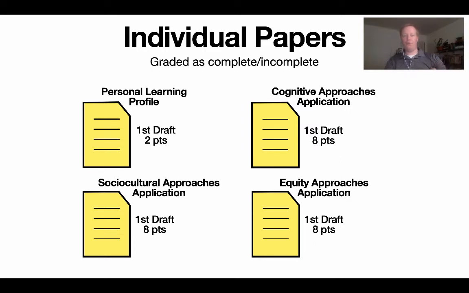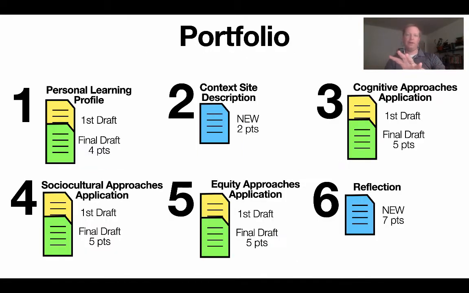This is important because when we get to the portfolio, there are 6 pieces in the final portfolio. You notice all 4 of those yellow papers are included in this portfolio. Then we have 4 new green ones, which are revisions of the yellow papers. And then there are 2 blue ones, which are new papers, new writing.